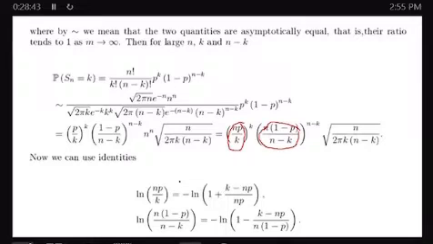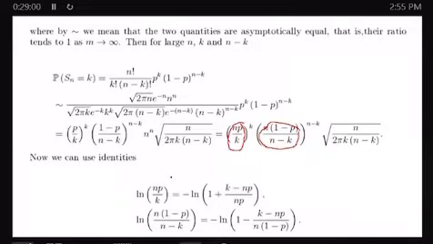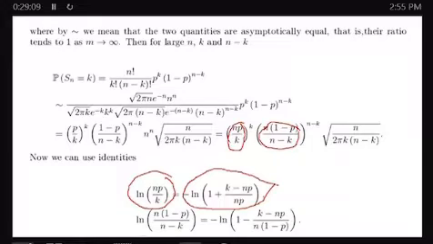If we call this x or that x, let me show you that identity. This can be expressed as this. That's from mathematics. When I have ln of that, try to simplify 1 plus (k minus np) divided by np.